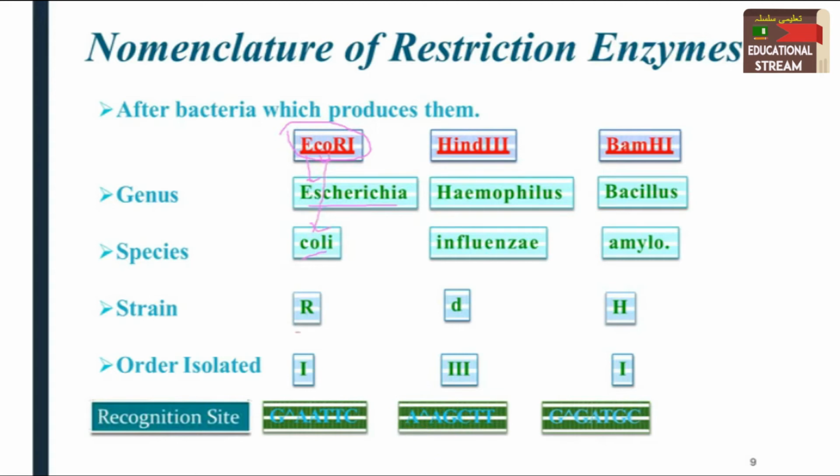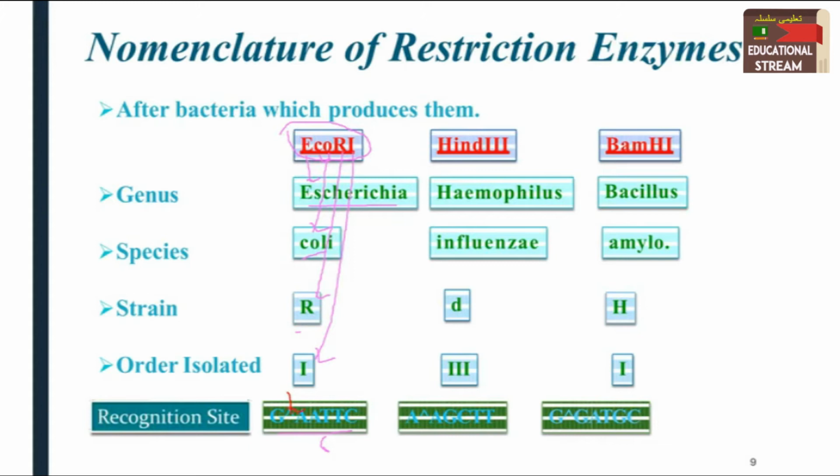It was from the R strain, so it is named R, and the order in which it was isolated, so it is the first enzyme isolated from E. coli R strain, so it was named EcoR1. The recognition sequence of this enzyme is GAATTC. It means it recognizes this 6 base pair sequence, and it makes a cut at this position.